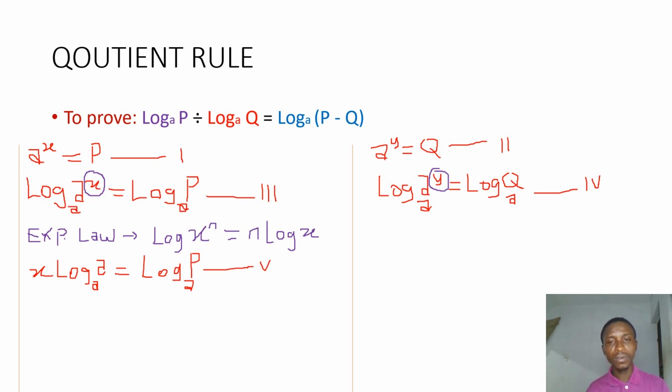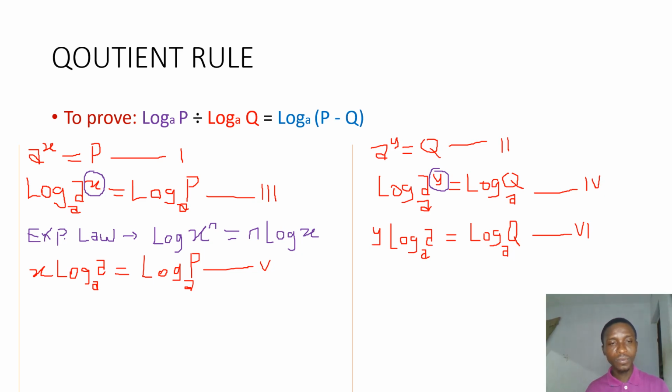As we have done for x, we also do for y. This y will also come down. Then when using the exponential law as well, we have y log a base a equal to log q base a. Then let's call this equation 6.